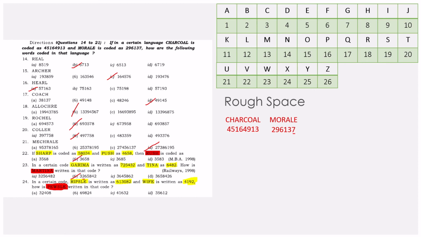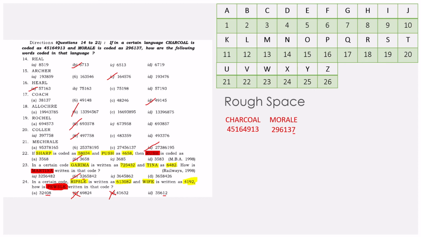Next one. 32408, 69824. Okay, so in here, options B and C are eliminated. 0 0 2 4, everything is unique in here. 561240. Okay, everything is unique, right? So 0 and 1. The last but one digit is L. So for L, the code would be 8.